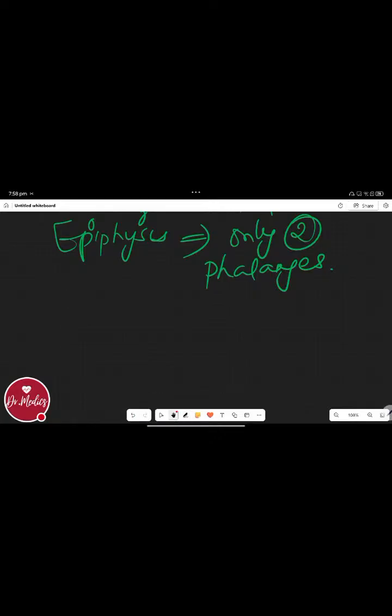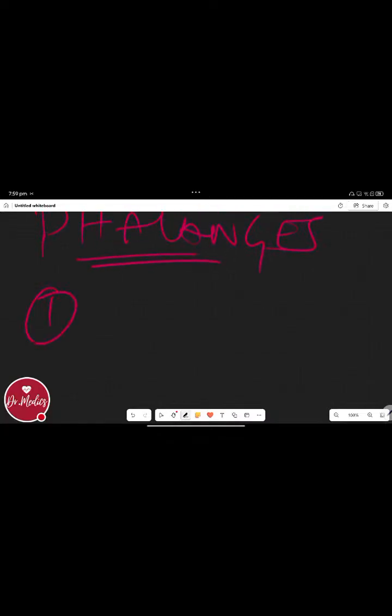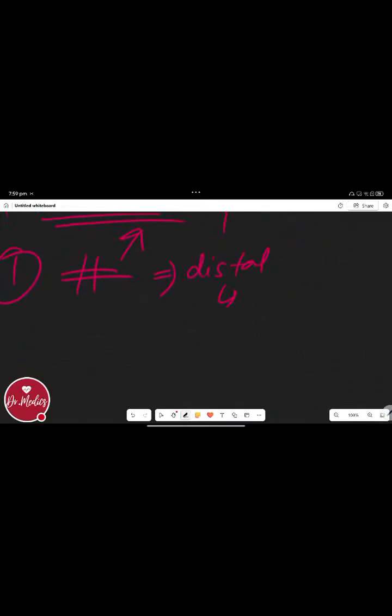Now the phalanges. Phalanges has only one clinical anatomy, that is the fracture of the distal phalanx of the middle finger, which is the commonest.